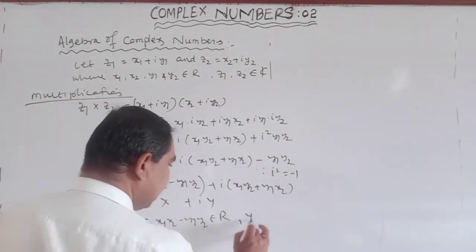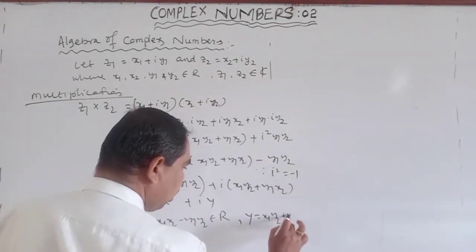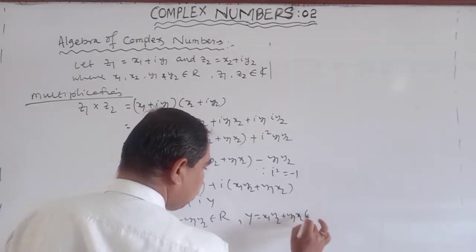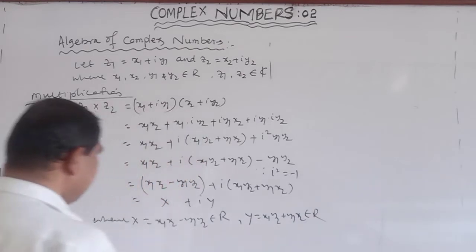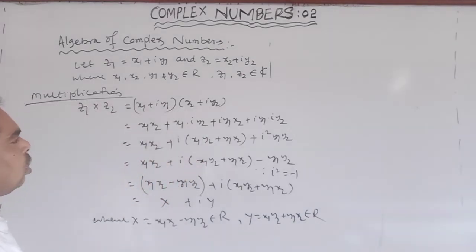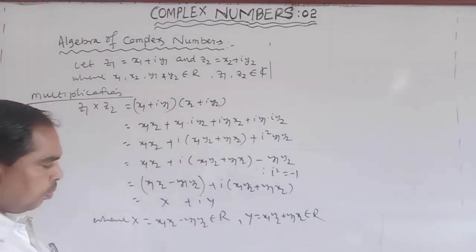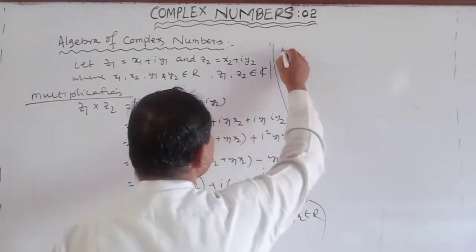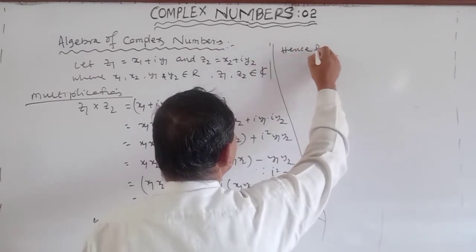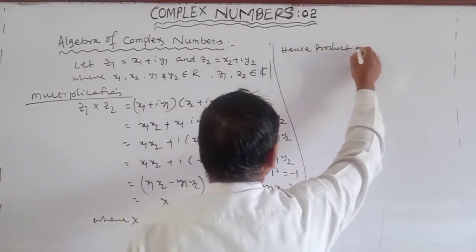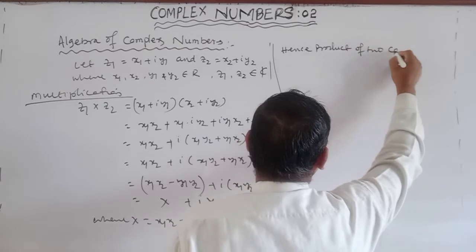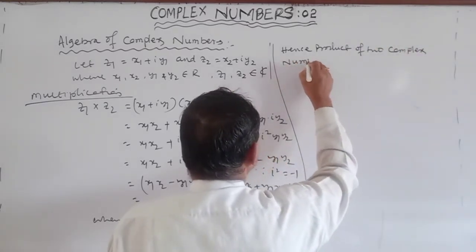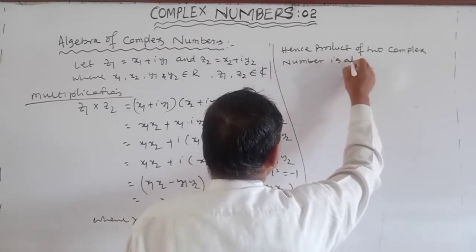Next, Y is equal to x1 y2 plus y1 x2, which belongs to real numbers R. Hence the product of two complex numbers is also a complex number.